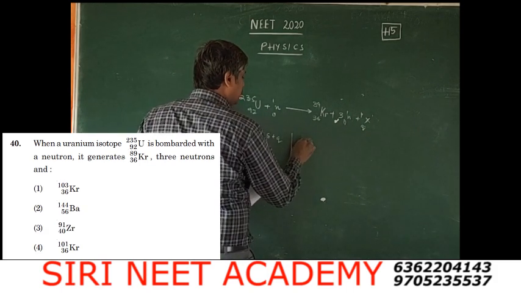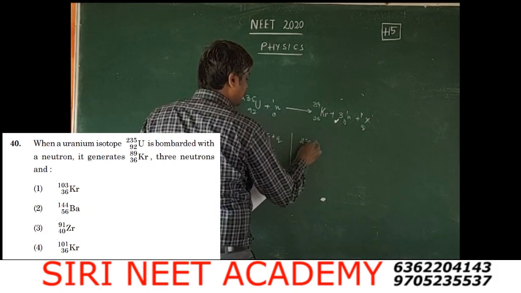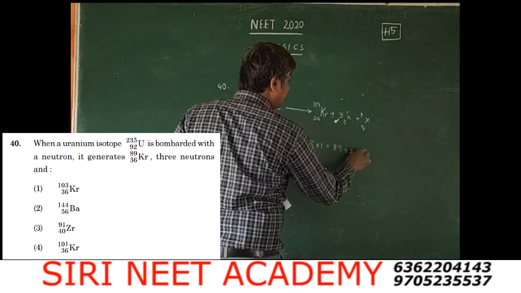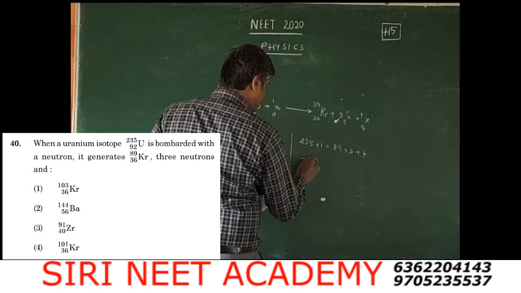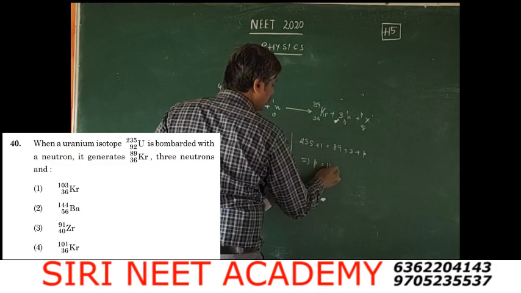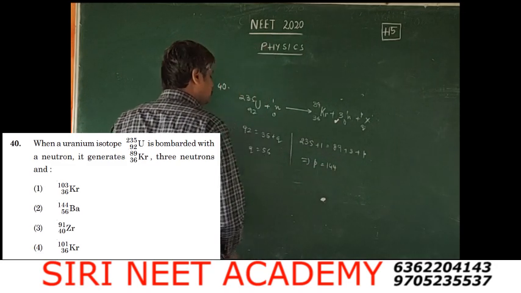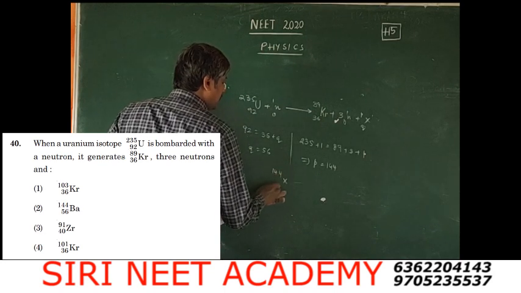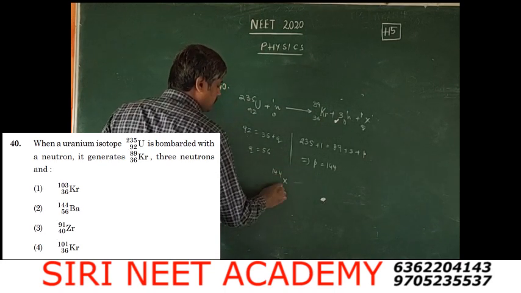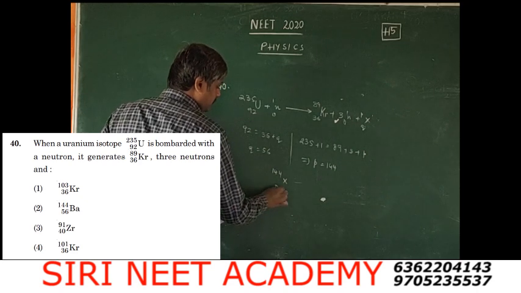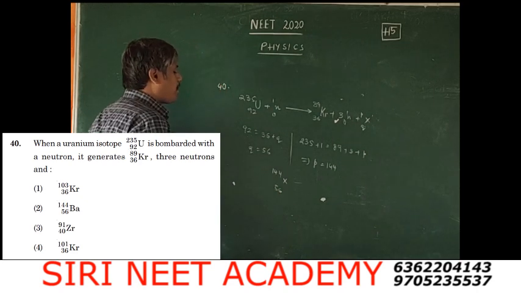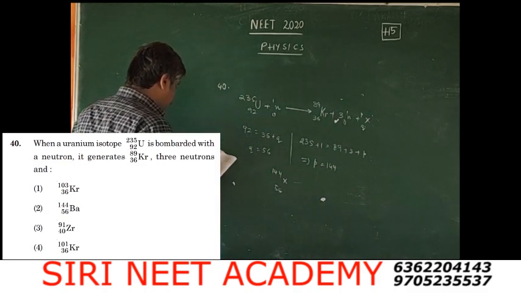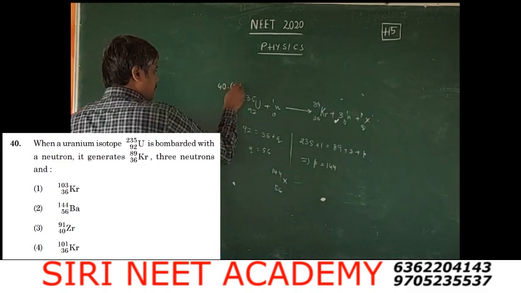And for mass number, 235 plus 1 is equal to 89 plus 3 plus P. Solving this, P is equal to 144. So X is nothing but having mass number 144 and atomic number 56. This is nothing but barium, and the option corresponding to this will be the second.